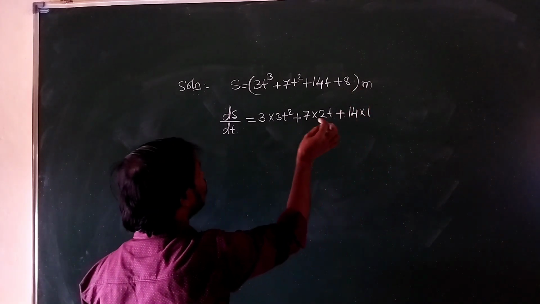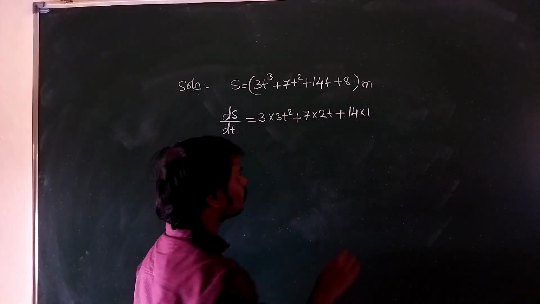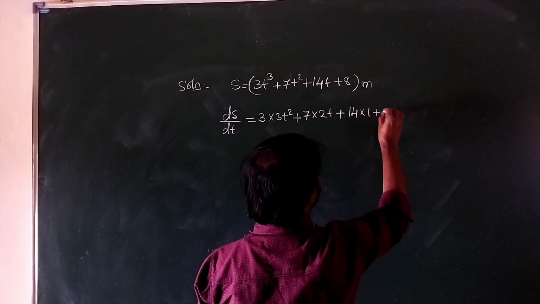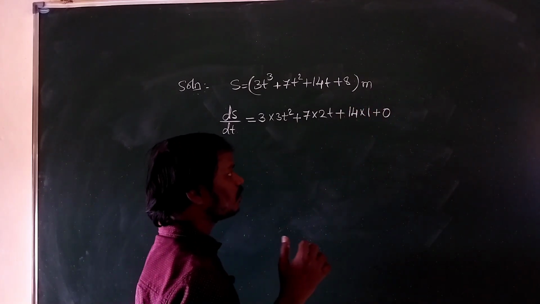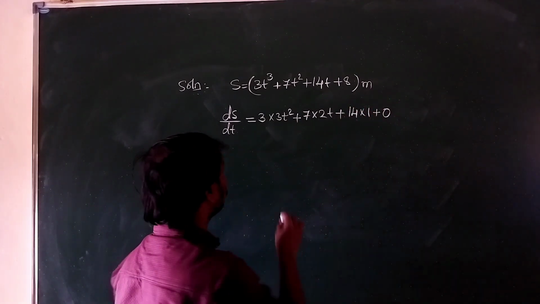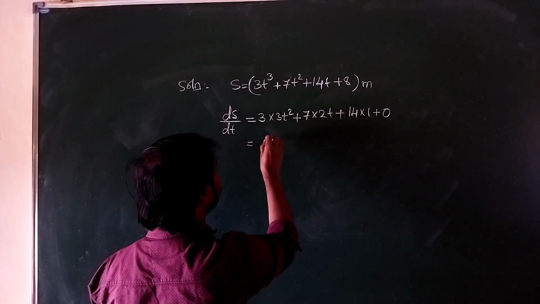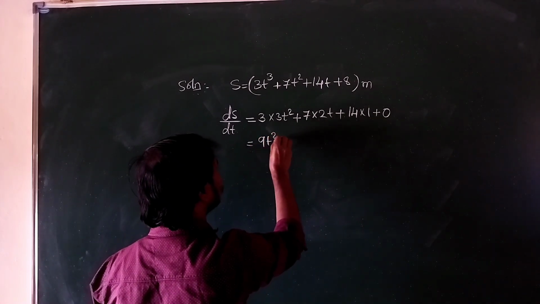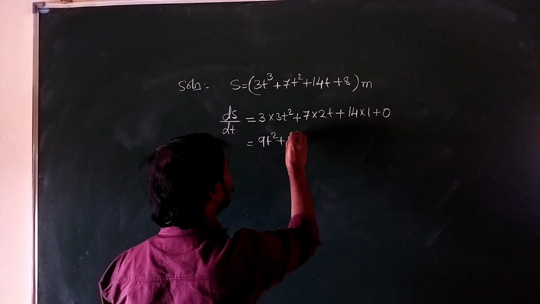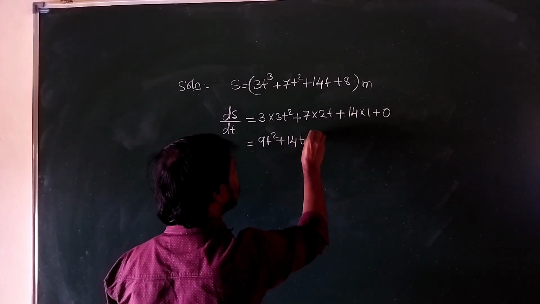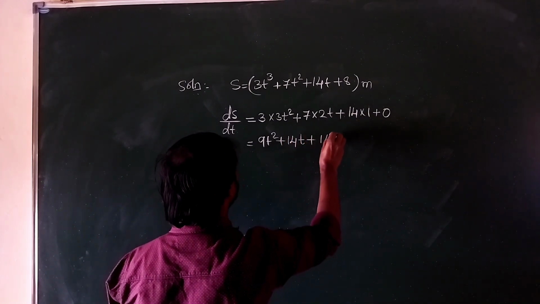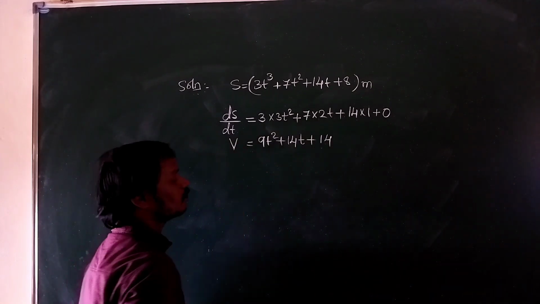Then differentiation of 8 with respect to time is 0, means the differentiation of any constant is 0. Now it is 3 into 3, 9t^2, 7 into 2, that is 14t, plus 14 into 1, that is 14. Then we got velocity, but what we have to find?